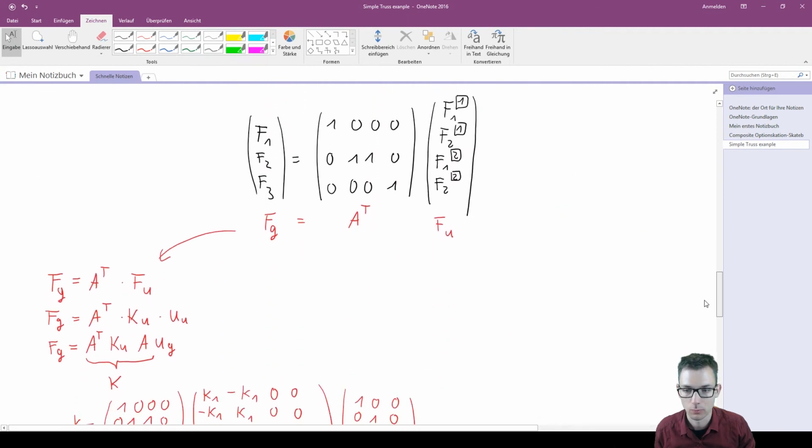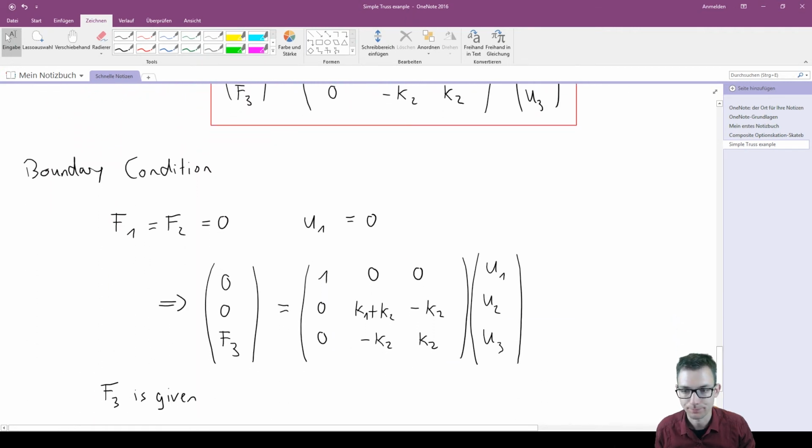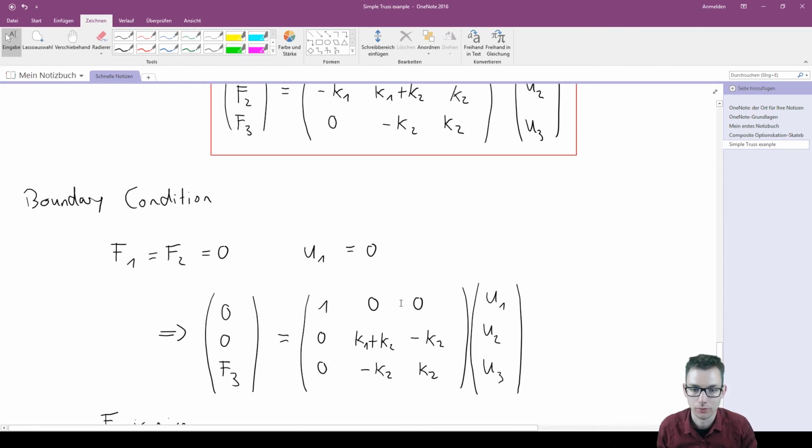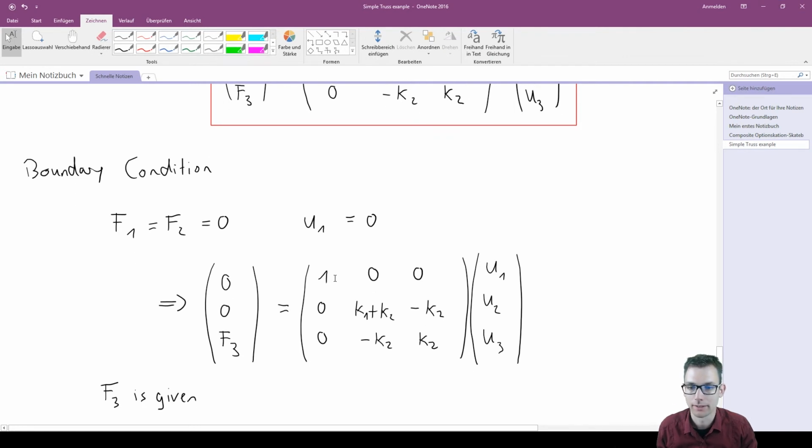And this we implement like here. So F1 and F2 are 0. You have your U1, which is 0, and now setting F1 and F2 externally, not internally, you have to differentiate. So F1 and F2 externally is 0. So you're just putting a 0 here, and U1 is 0, and for that you just take the column 1 and the row 1, and all values go to 0 except the diagonal of 1, 1.